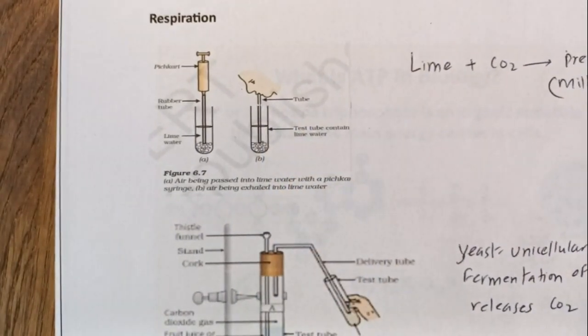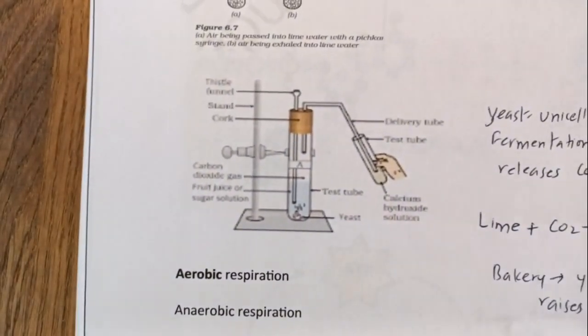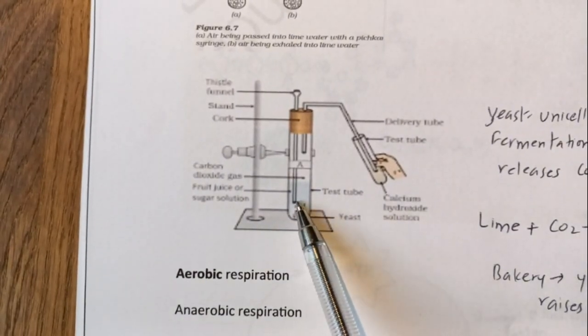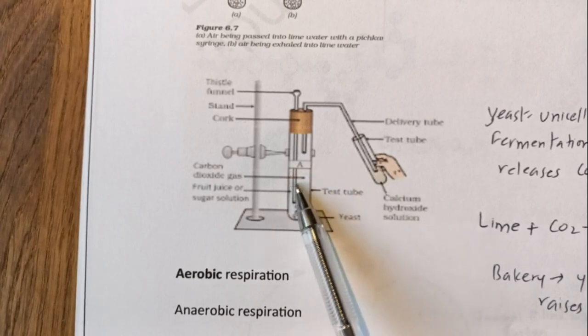Now there is another activity they want you to try, in relation to carbon dioxide again. They want you to put some fruit juice or a sugar solution and add some yeast to it, and this mixture is taken into a test tube.